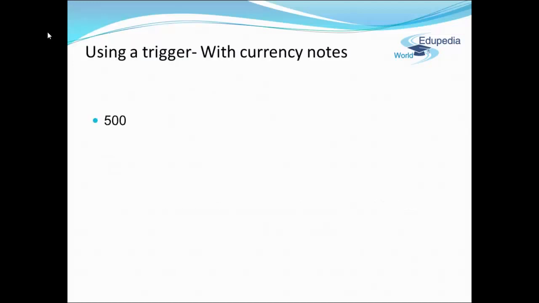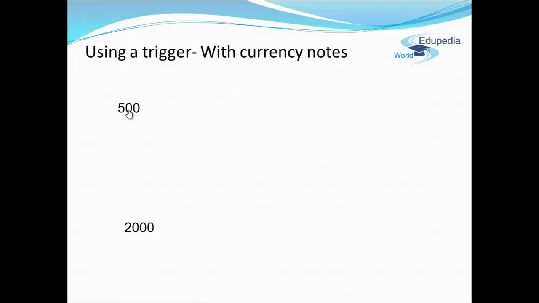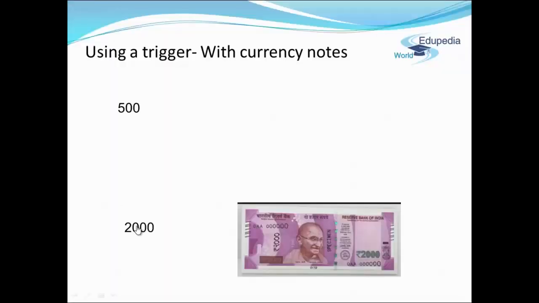I have created one slide. Now once I click here, it's showing the 500 rupees note. Once I click here again, it's removed. Again, if I click on this line, it shows me the note again.